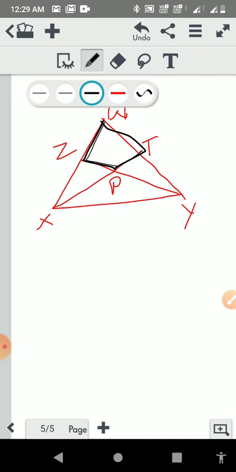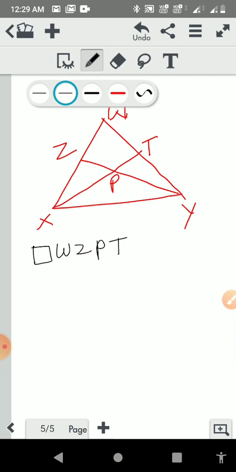If we see this quadrilateral WZPT, I am discussing these two angles, angle WZP plus angle WTP.